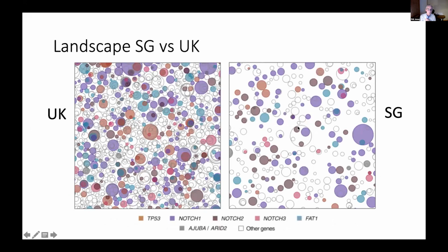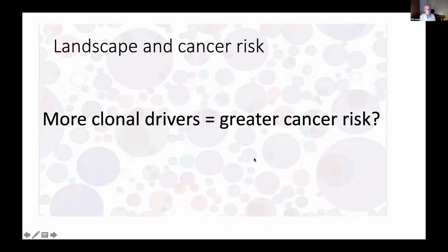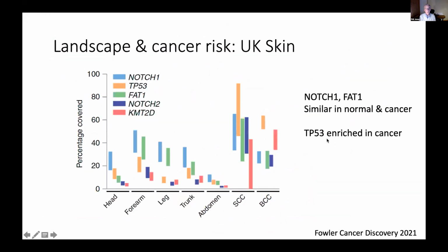Look at our maps and the difference becomes immediately apparent. There's a ton more P53 in this kind of orangey color in the UK and far fewer mutations in Singapore. Now it's very tempting, and I used to think this, that more clonal drivers, as in positively selected mutations, equals greater cancer risk. I just want to point out to you, I think that's a bit of a naive assumption of mine.